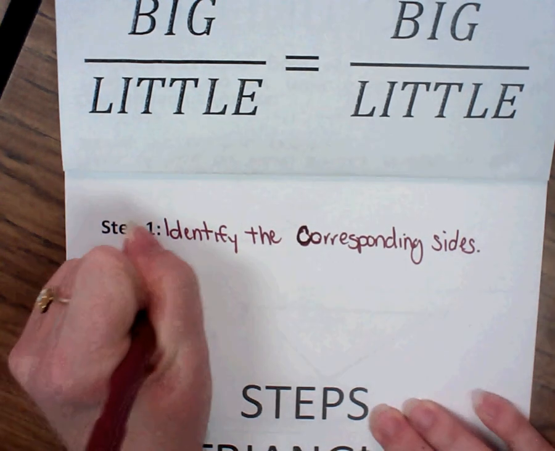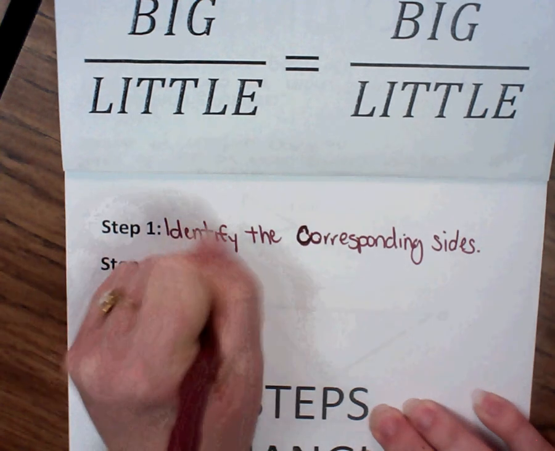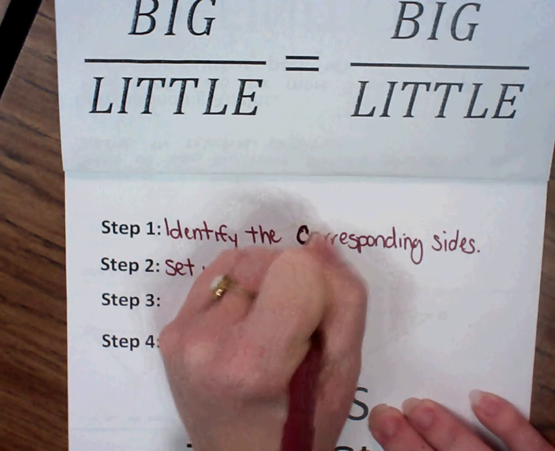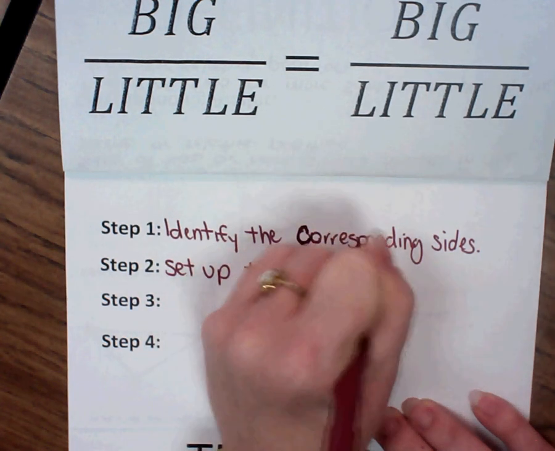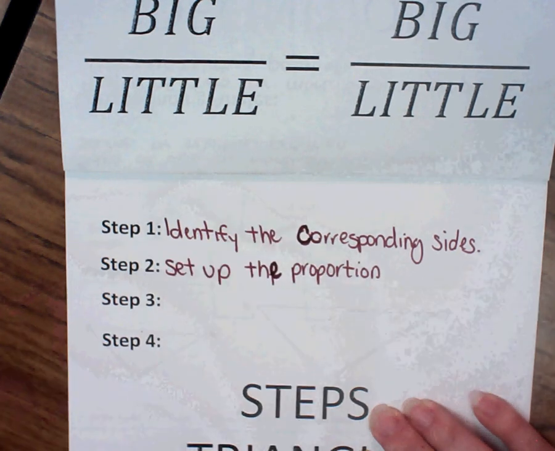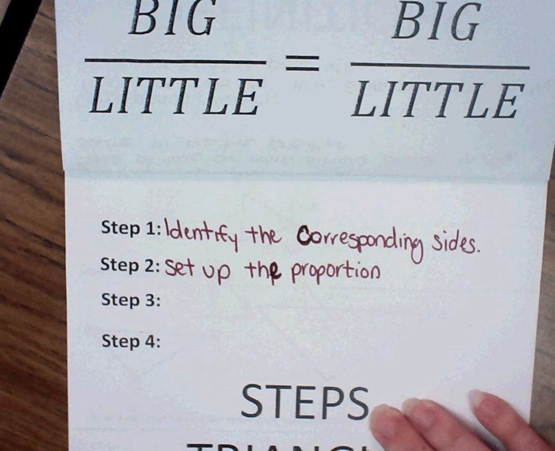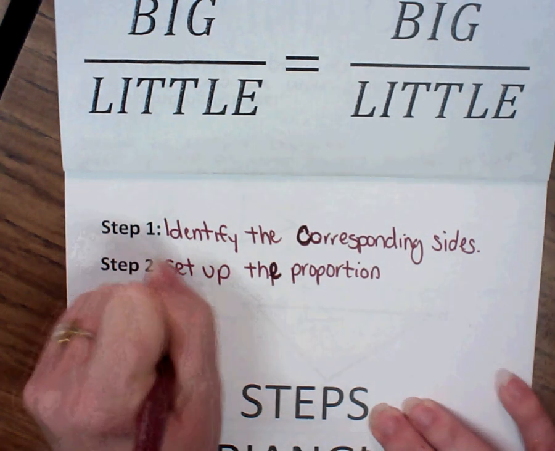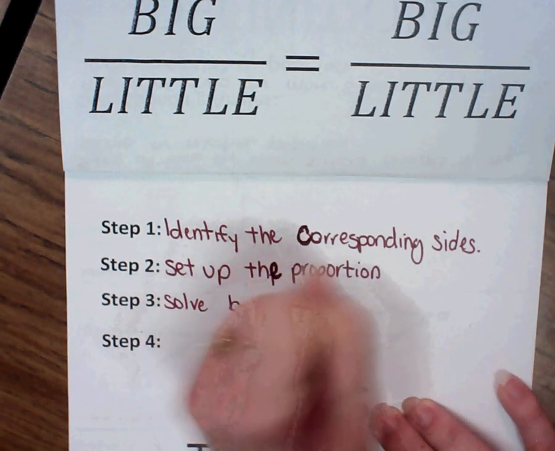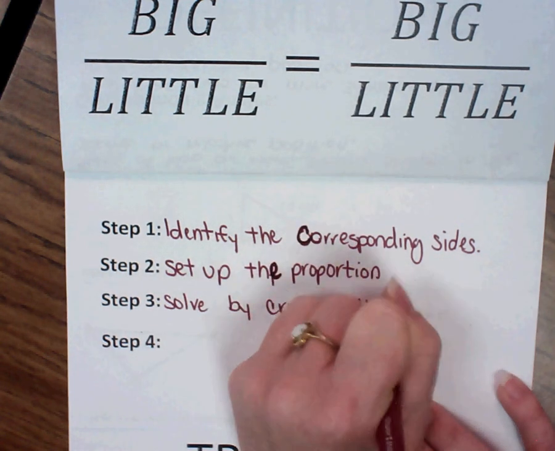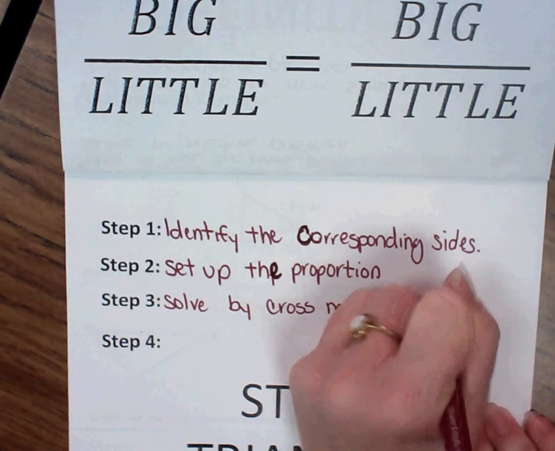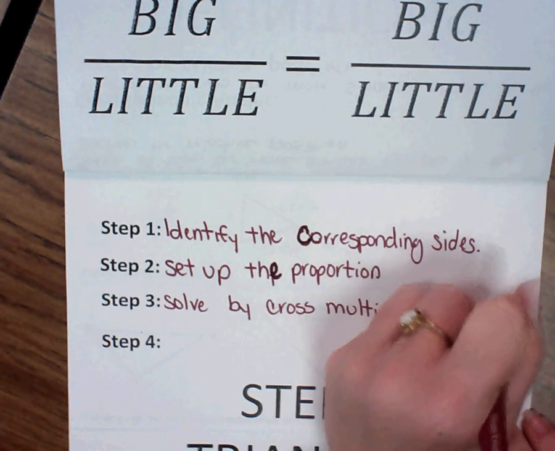Then we are going to set up the proportion. Then we're going to solve by cross multiplying and dividing.